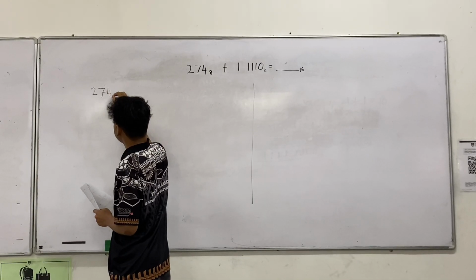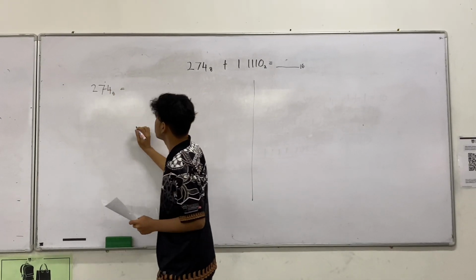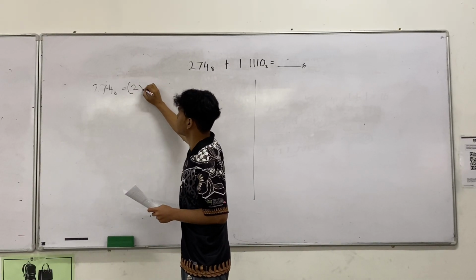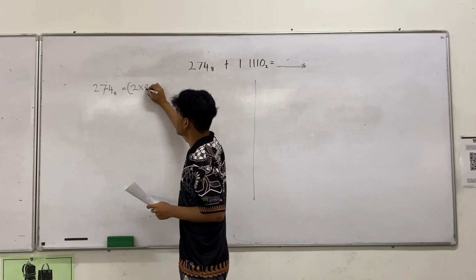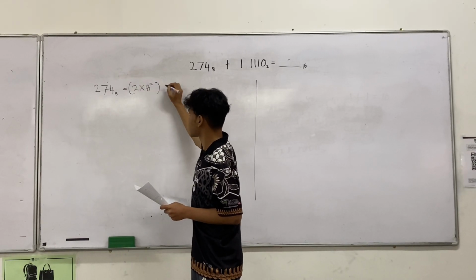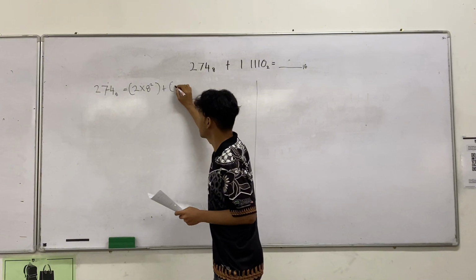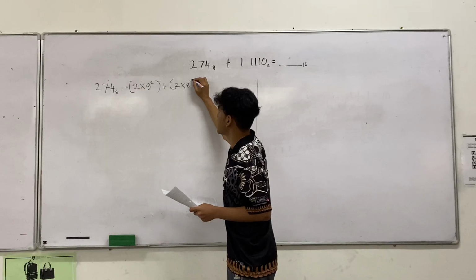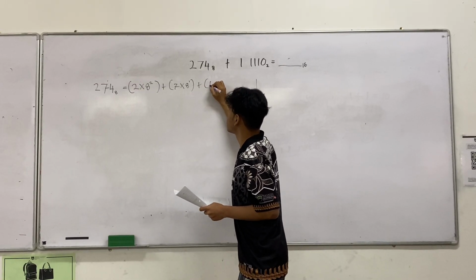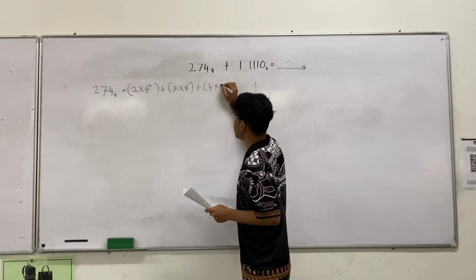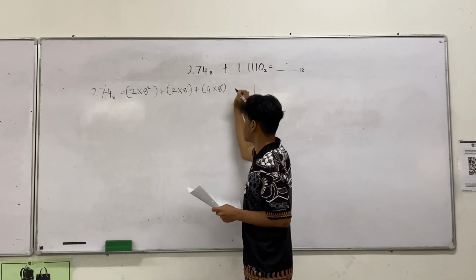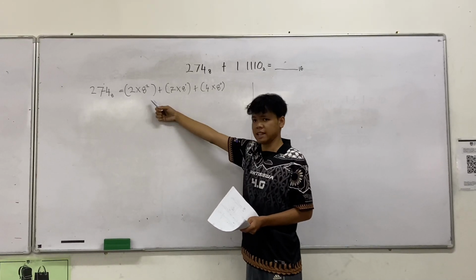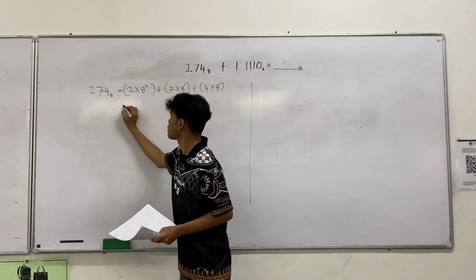274 base 8. So what we are going to do is multiply 8 to the power of 2, plus 7 multiplied by 8 to the power of 1, plus 4 multiplied by 8 to the power of 0. So we solve each term in the brackets.